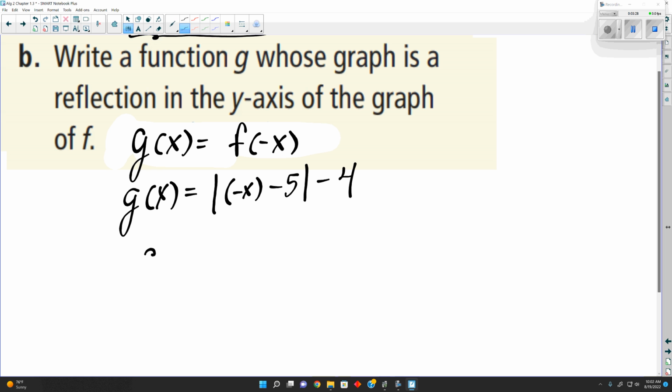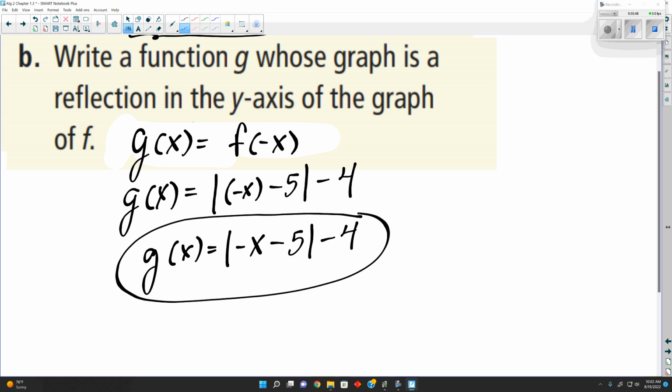Now, since there's nothing in front of our parentheses, with the negative x, we can just remove them, giving us negative x minus 5 inside the absolute value, and we still have the minus 4. And that's it for that there.